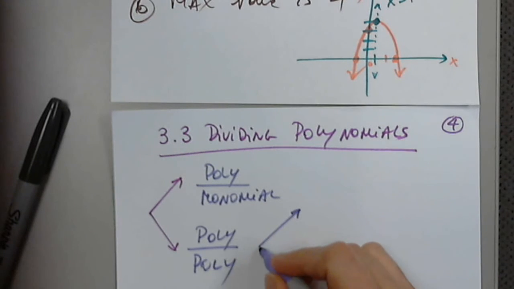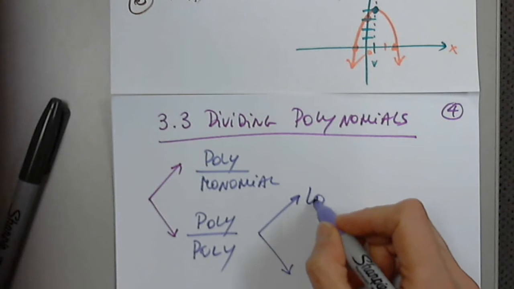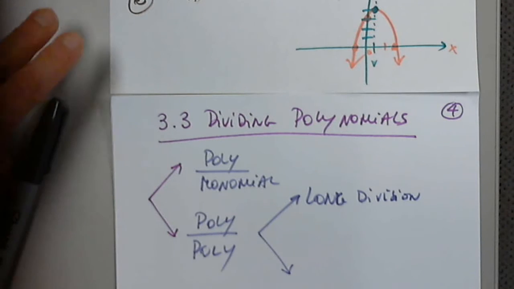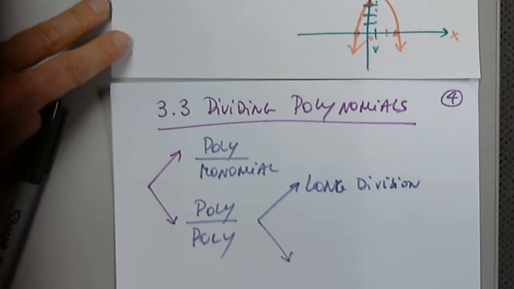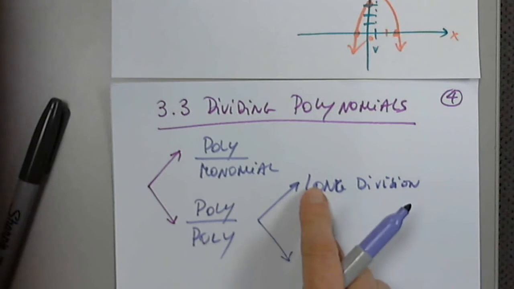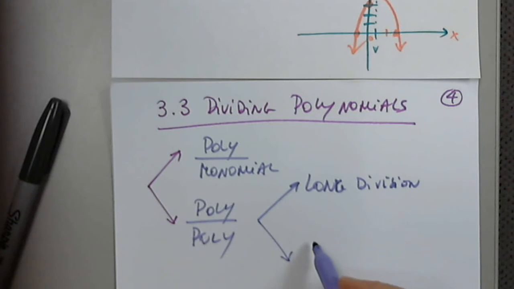Here we have two possibilities as well. One possibility is long division. This is applicable always. The other one is only applicable in limited situations: when we have a polynomial divided by x minus a number.